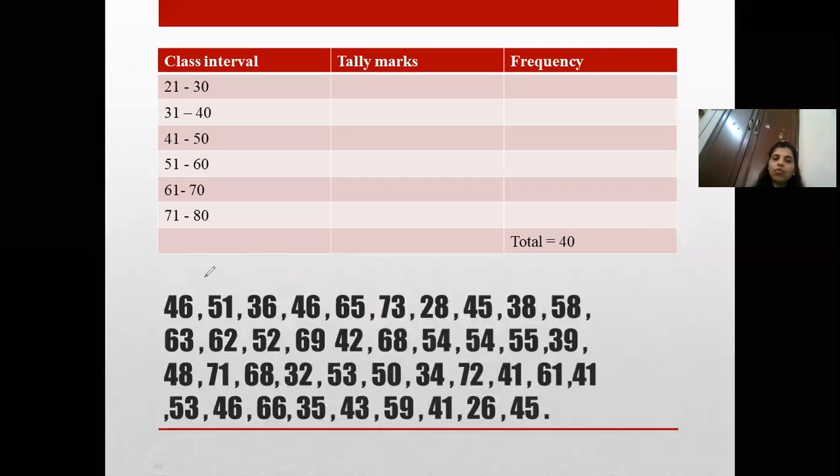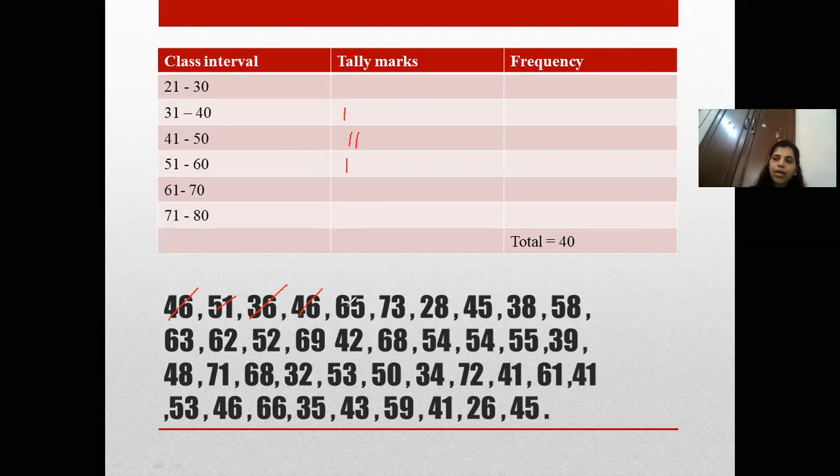So here you can see 46. It will come between 41 to 50. So I strike off 46 and put over here one tally mark. Then 51 will come over here, 51 to 60. 36, cross 36, 31 to 40, it will be over here. 46, strike off 46. You can see 41 to 50, it will come over here.